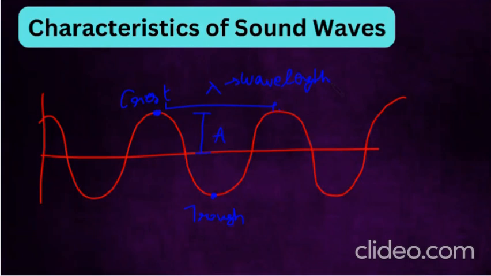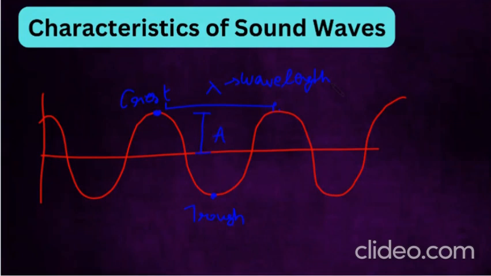Okay, it is the wavelength of the sound. Okay, now, so all these are the terms we use, correct? So this is amplitude, wavelength, crest, everything are the parts of the sound waves. Okay, sound waves में ये सारे parts होते हैं.